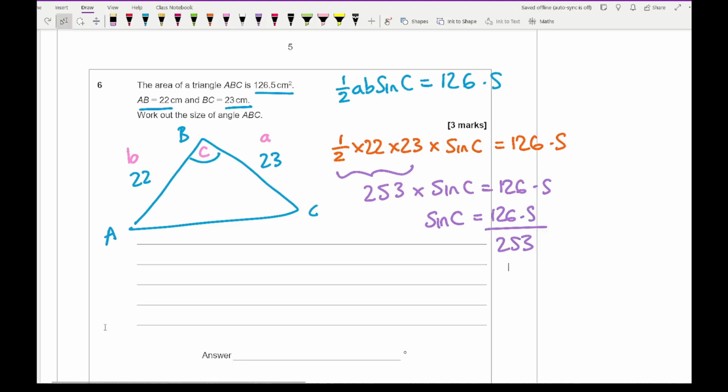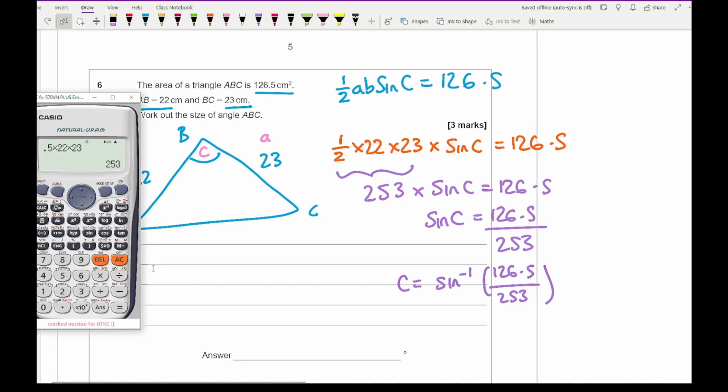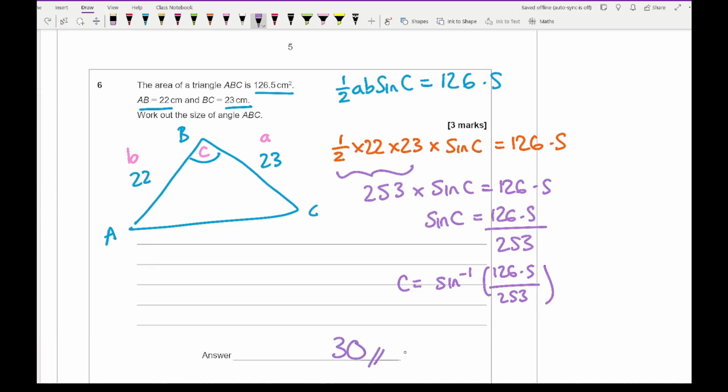And if I then do C equals the inverse sine of 126.5 over 253, I get the calculator out, I've got the inverse sine and then open up the fraction of 126.5 over 253, equals, close bracket, gives me 30. So a nice whole number there.